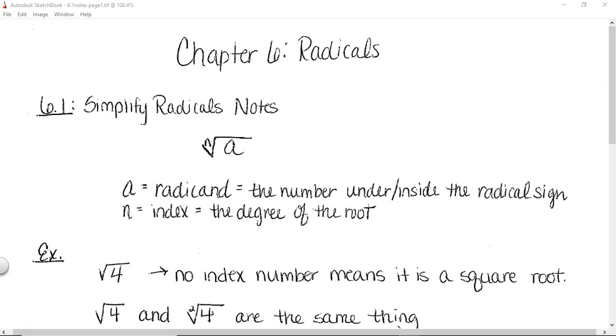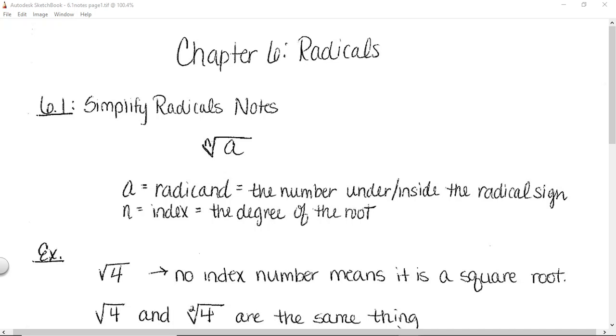Hello, algebra students. So we're starting chapter 6, radicals. And radicals are just the square root or cube root or fourth root or so on of a number or a variable. And we're going to be doing a lot of different things with radicals in chapter 6.